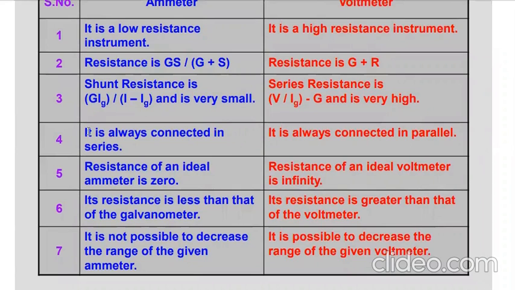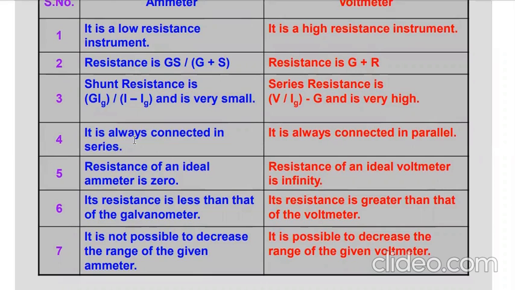In case of an ammeter, it is always connected in series; this is wrong. In case of an ammeter, shunt resistance is always connected in parallel with the galvanometer. So you have to understand it well, and just reverse all these things.